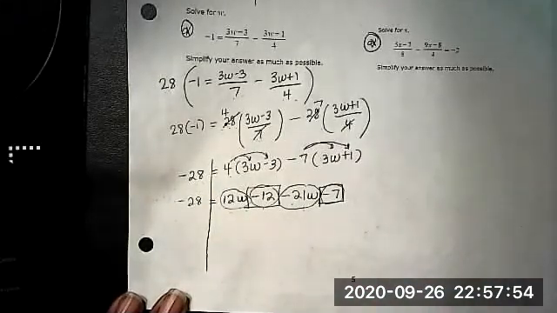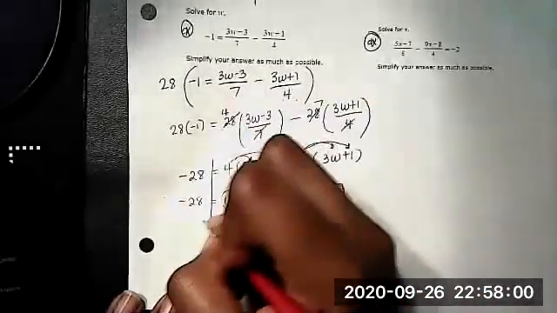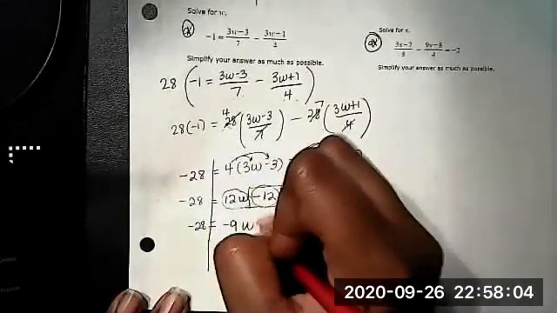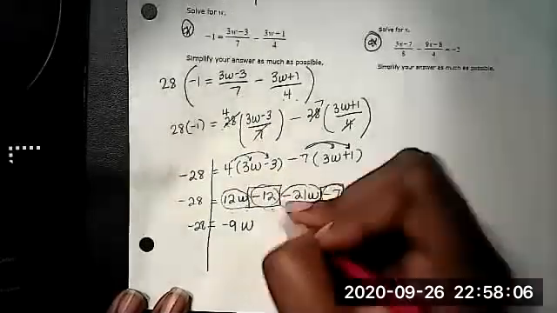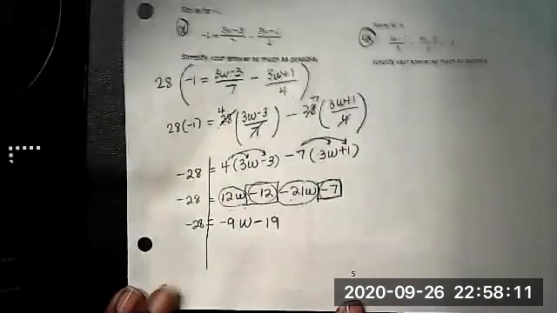So I'm going to do that, and for w's, I get -9w. And then -12 and -7 become -19.